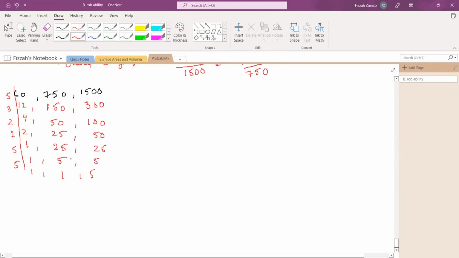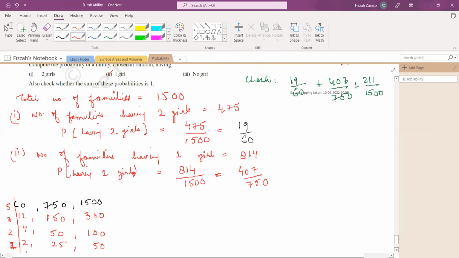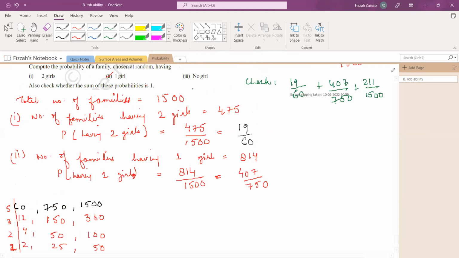Now you multiply this. What will you get? 5 into 3, 15 into 2, 30 into 2, 60. 60 into 5 is 300 and 300 into 5 is 1500. So my LCM is 1500, right?